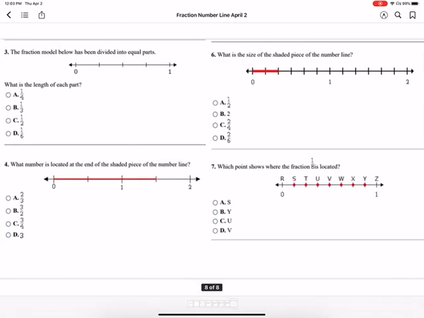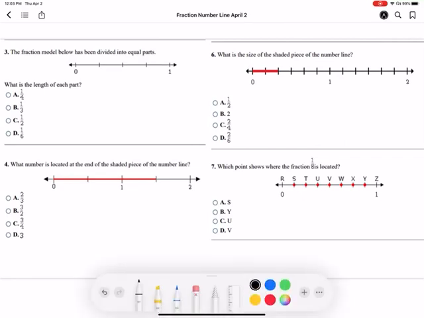So let's look over here at our fractions. Now, these are some practice test ones. I want you guys to take a look at this one for a moment. Okay? I'm going to be quiet.